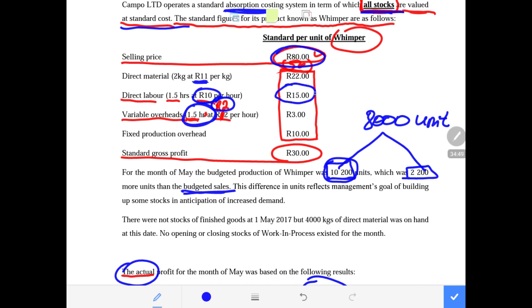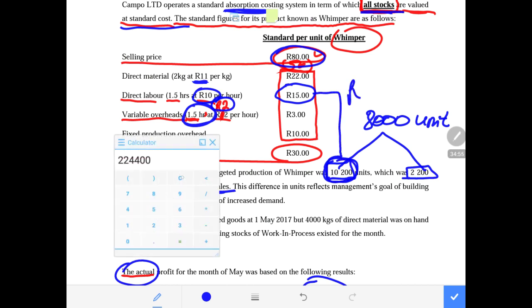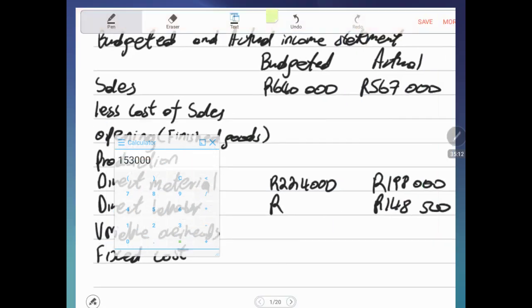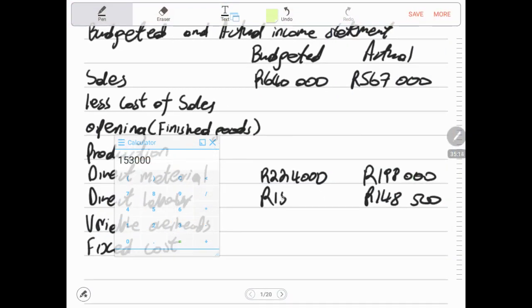And how many units do I want to manufacture? 10,200. So my cost of labor will be 15 rand multiplied by 10,200 units. Remember, 15 rand is per unit. This gives me 153,000 rands as my budgeted labor cost.